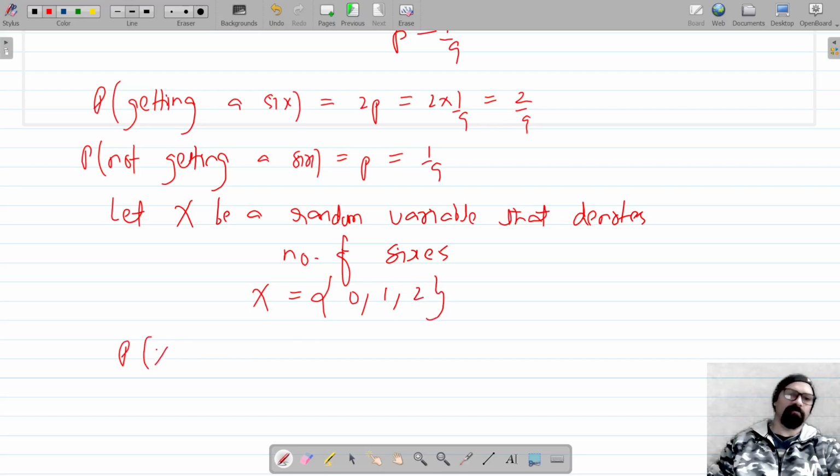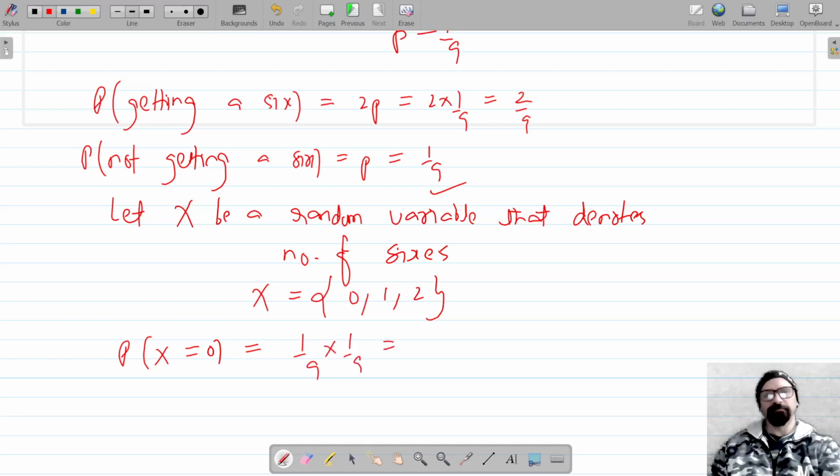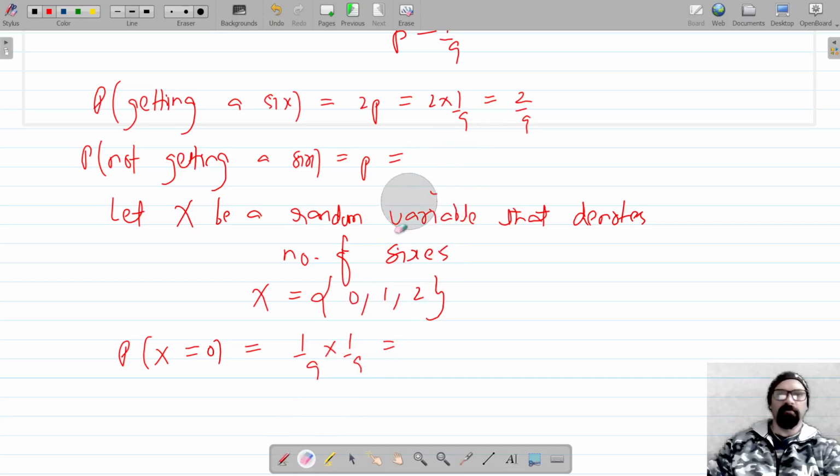So let's find the probability of X equal to 0. That means we have thrown the die twice and we are not getting any six. So on the first throw it's not a six, and on the second throw it's not a six. Sorry, the probability of not getting a 6 should be 1 minus the probability of getting a 6, that is 1 minus 2 by 9. It's not just the odd numbers, because we can also get 2 and 4.